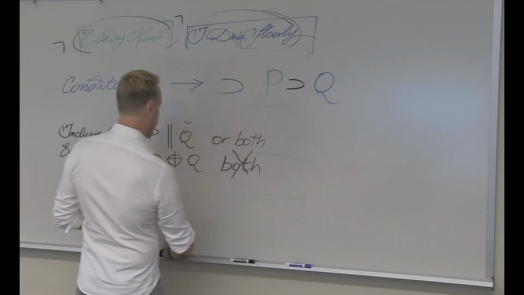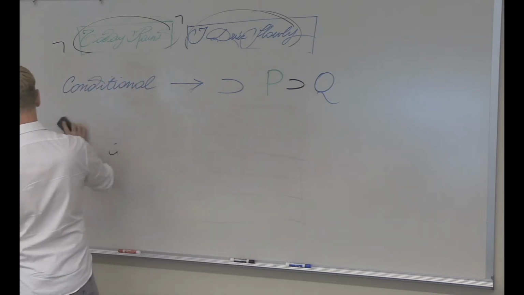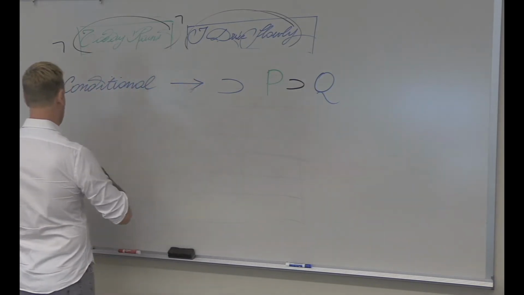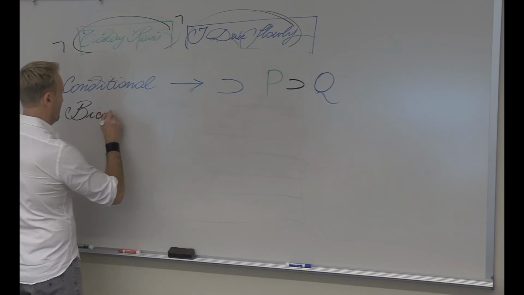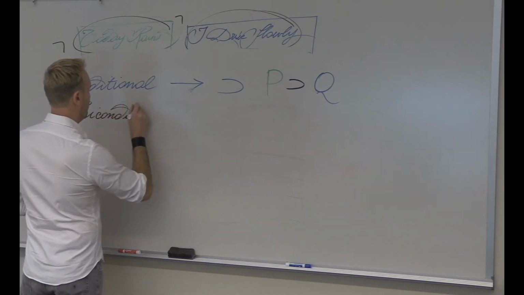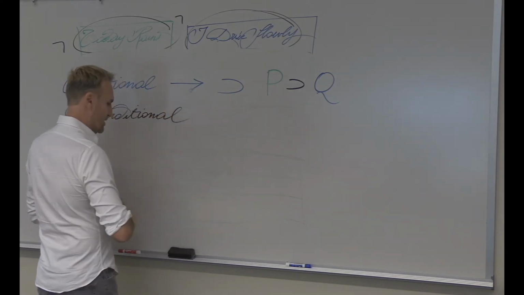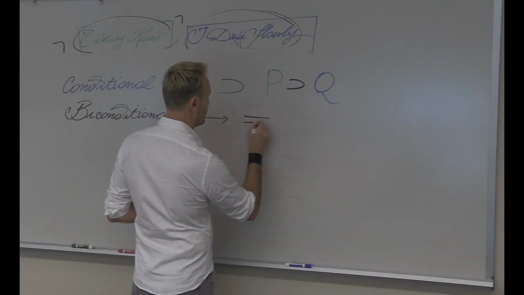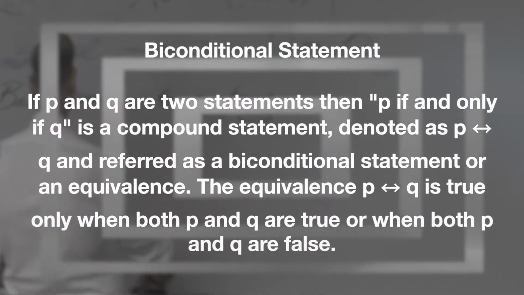Now, biconditional is represented by this symbol. So this one, or you can also use this one. Okay, great. So what do we use biconditional?